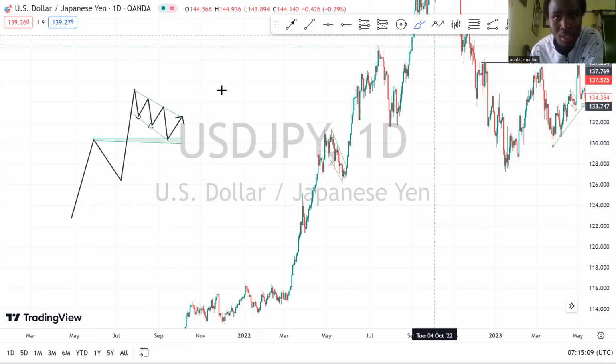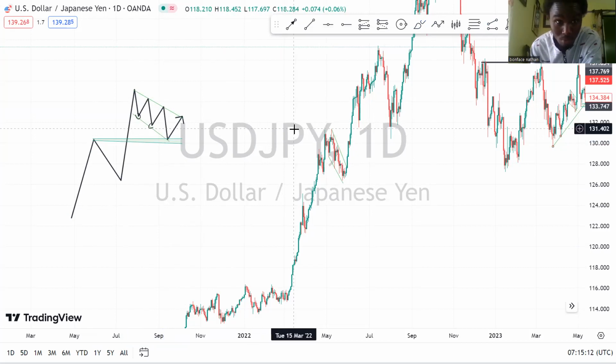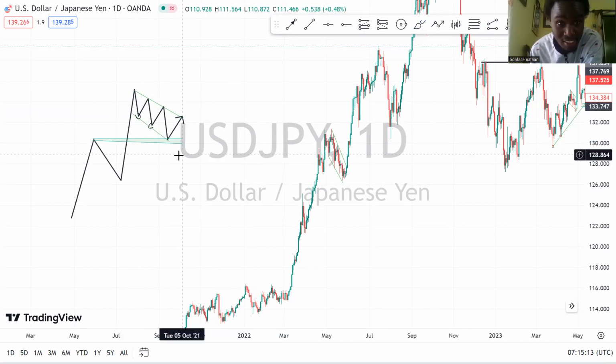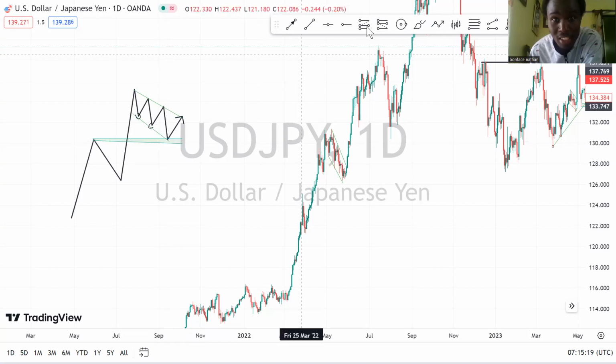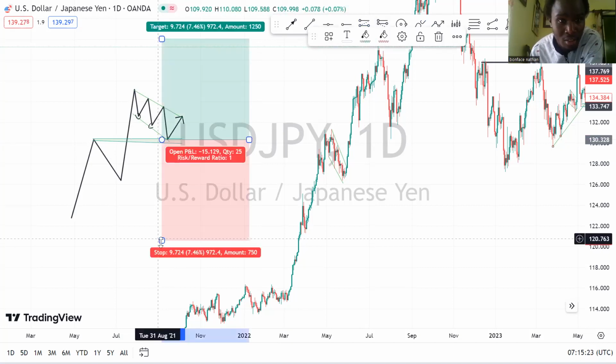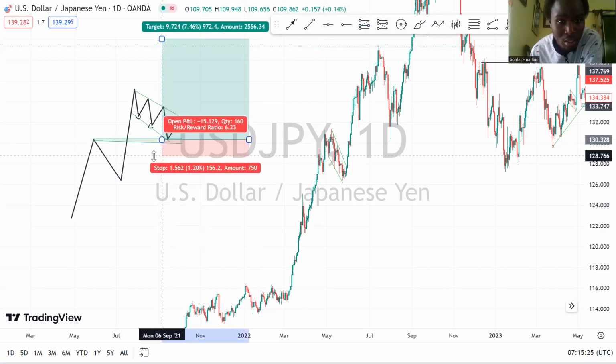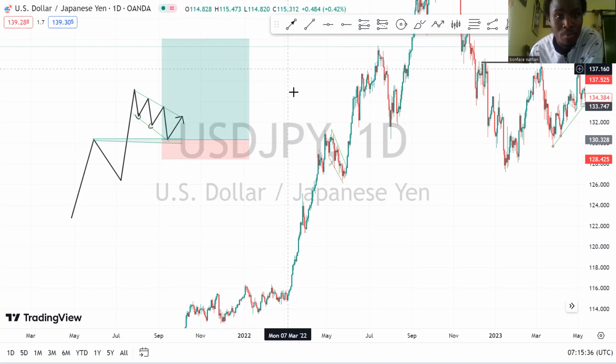So we either enter at the risk area. We get our entry at this level, the risk area, and we make sure the stop loss is no more than 30 pips around there.